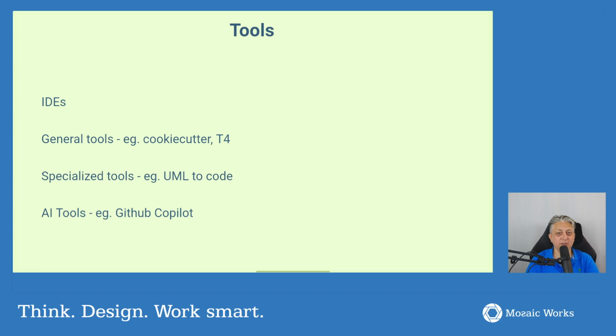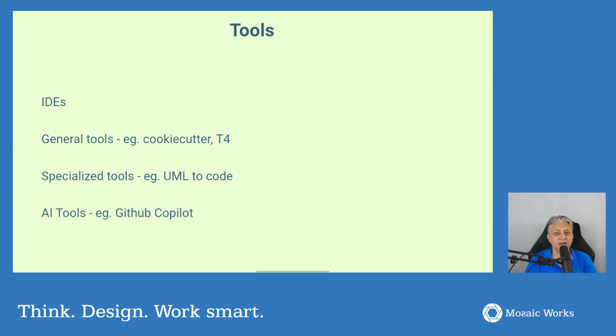But what I think many developers don't know is that there are some tools that are general and open source, and two of them that I can mention are Cookie Cutter and T4. Cookie Cutter is a Python tool, but you can install it everywhere and it doesn't require any Python knowledge.